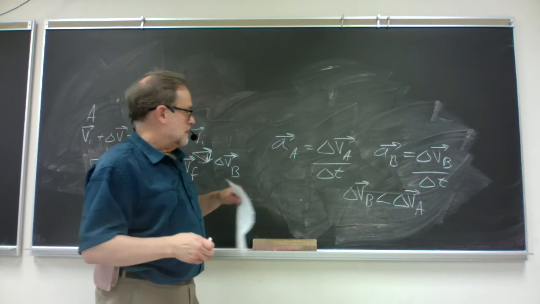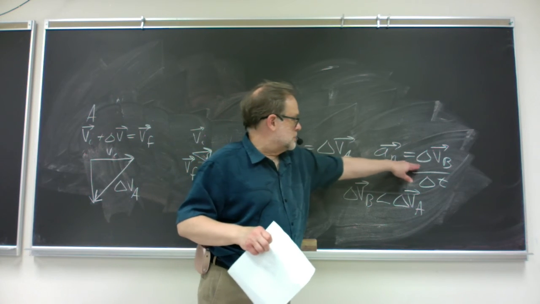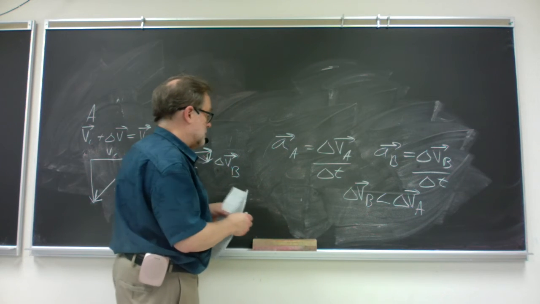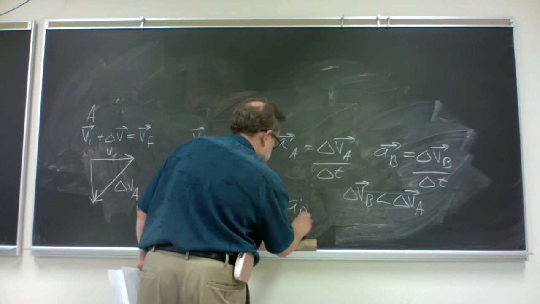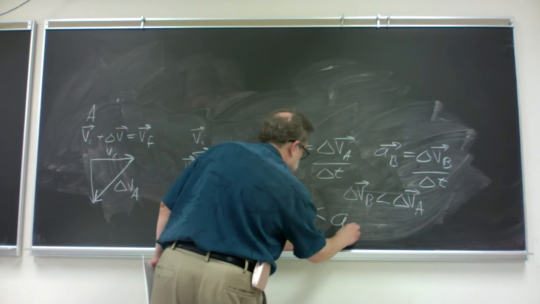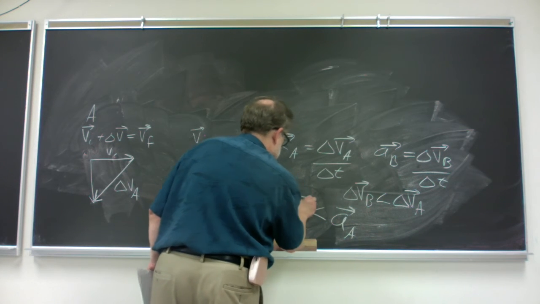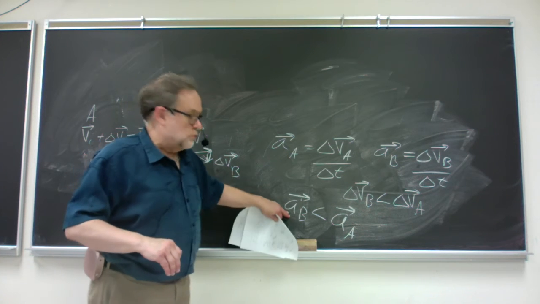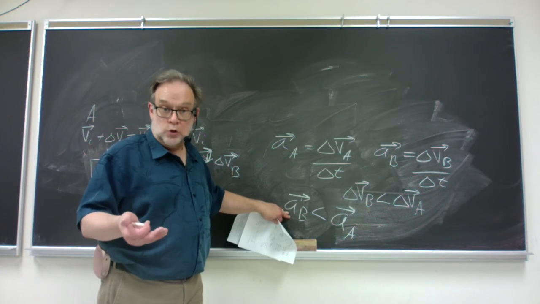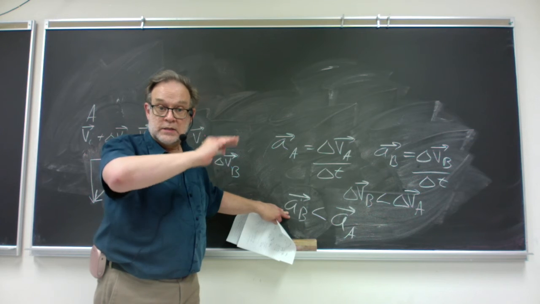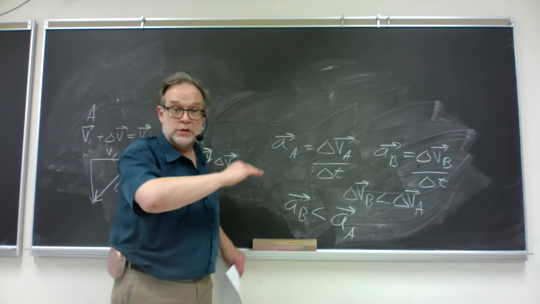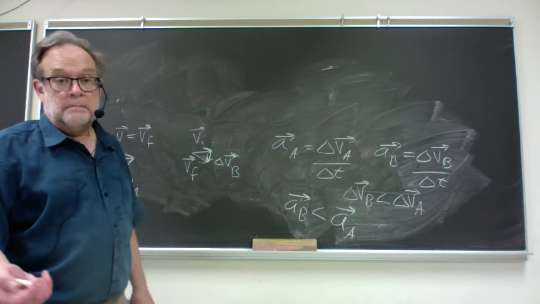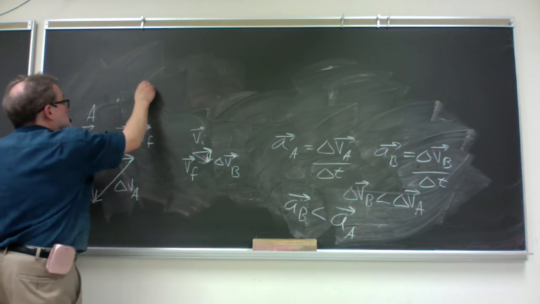Which means B's acceleration is smaller than A's acceleration. We got smaller acceleration from the thing that was traveling more slowly, moving on the same path, that is, moving on a circle with the same radius, but moving with a slower velocity, smaller acceleration.